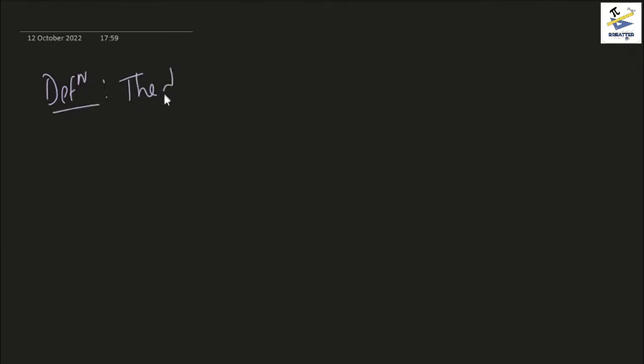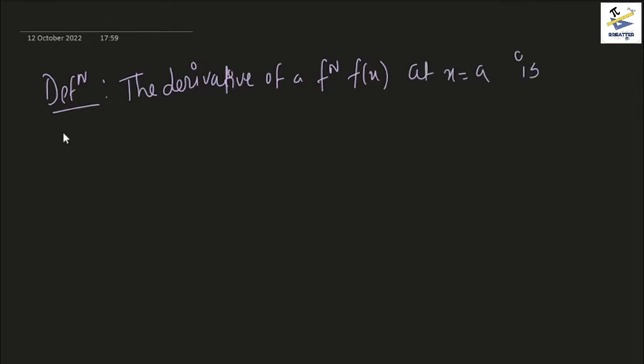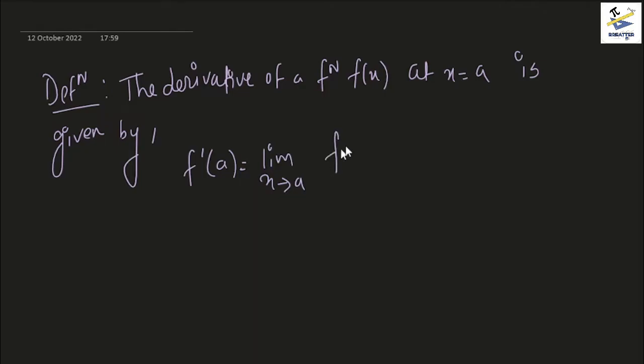The derivative of a function f of x at x equals a is given by f dashed of a equals the limit as x tends to a of f of x minus f of a, whole divided by x minus a.